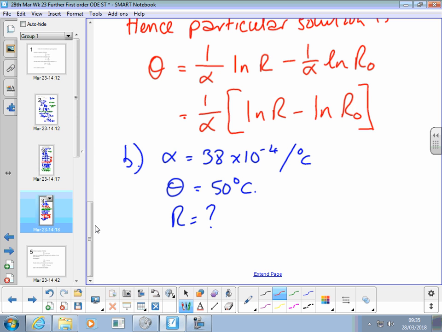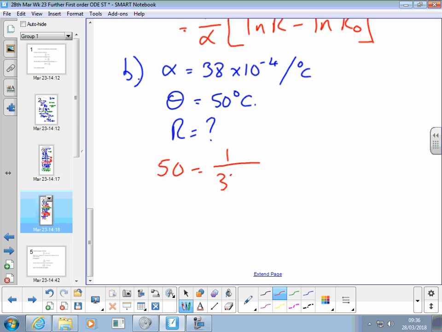So we've got to put those figures into that equation. Theta 50 is equal to 1 over alpha, 38 times 10 to the minus 4, times ln R at 50 minus ln R0.